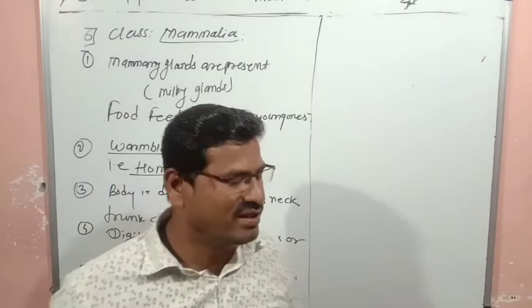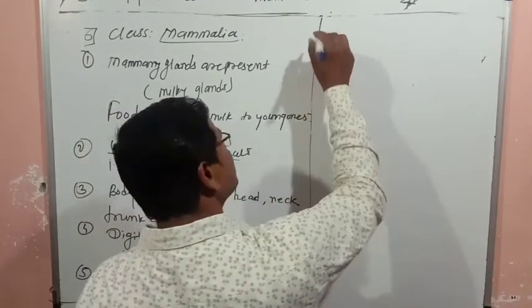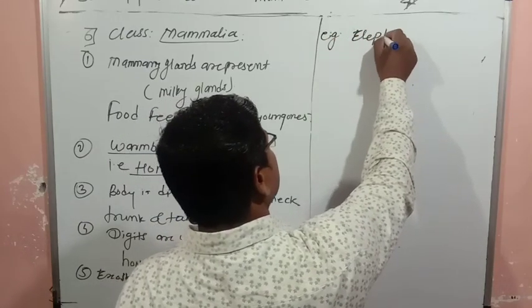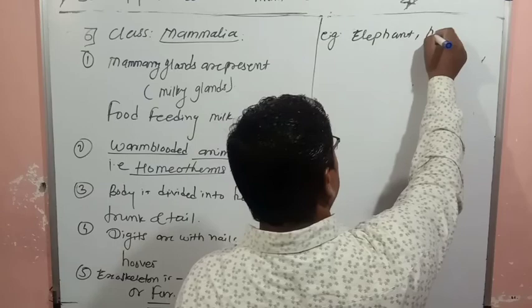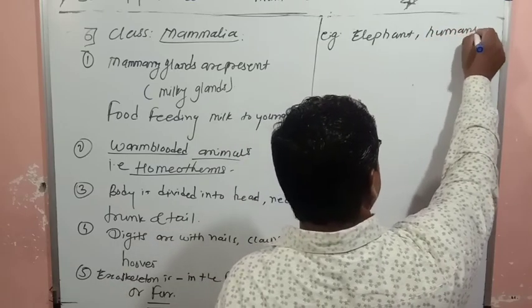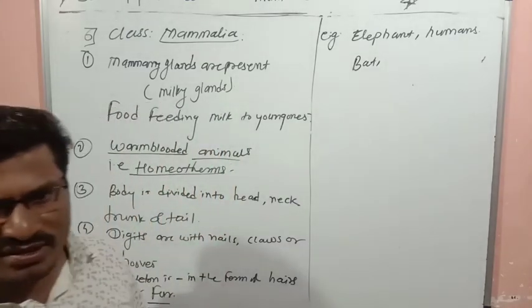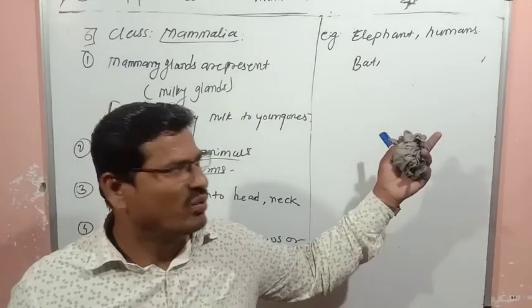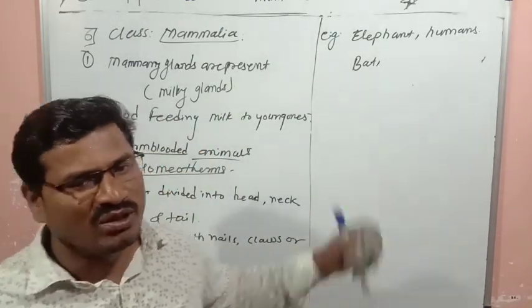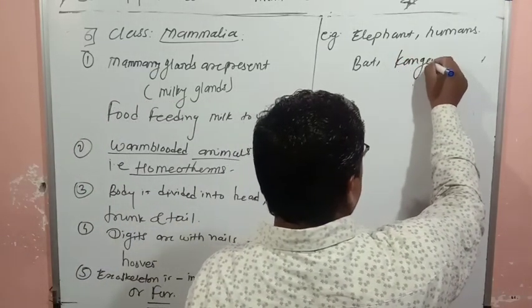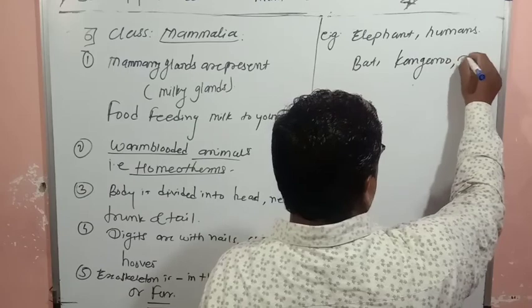And the examples: elephant, humans, bat. Bat is also an example. Again, you can give kangaroo and dolphin.